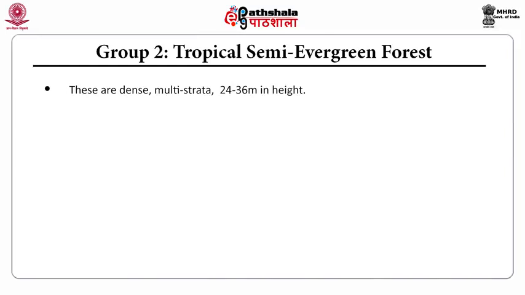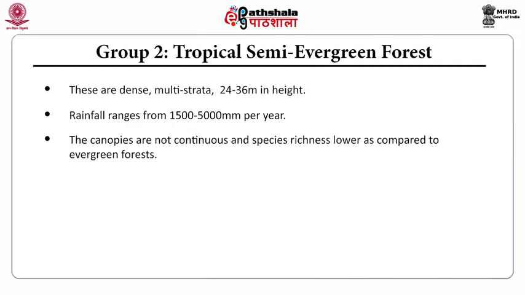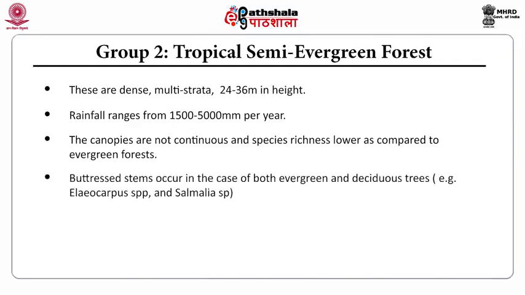Continuing with this group 2 discussion on tropical semi-evergreen forests, these are dense and multistrata. Rainfall is moderately high. The canopies are not continuous and the species richness is lower compared to evergreen forest. There are buttress stems in both evergreen and deciduous trees, for example, Ailocarpus and Salmalia species.